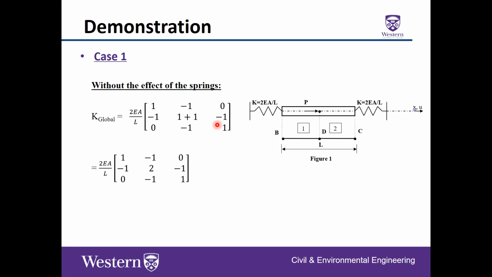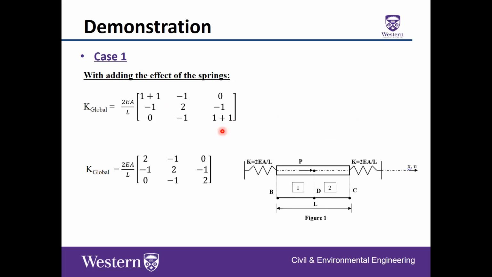Firstly, the first spring is attached only to joint B. The second one is attached only to joint C. So we will just add the spring constant to the entry that corresponds to B in the column and B in the row, so here we add to EA over L, and for C also we add here to EA over L.